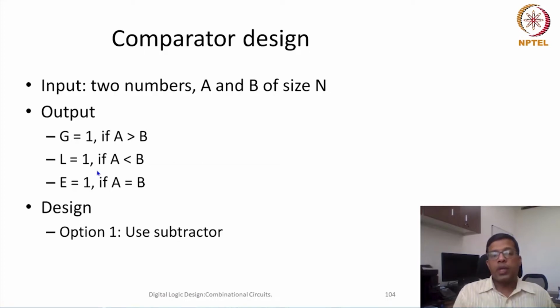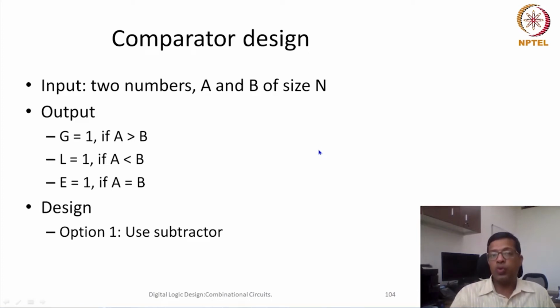How to design a comparator has been an interesting topic. One option used by multiple people is to use a subtractor. We use our adder circuit, and for B we take the 2's complement, so that we are subtracting B from A. Do we care about the output?